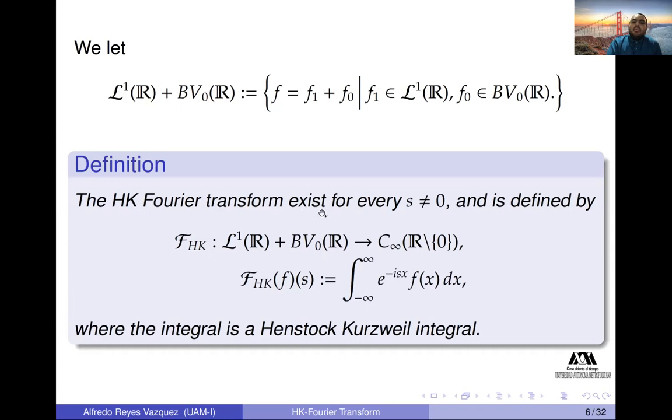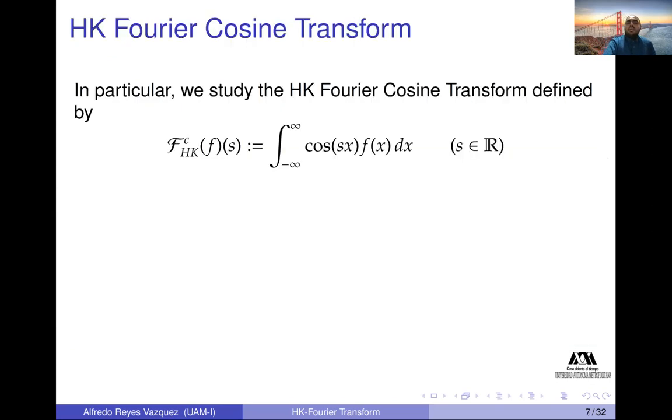The Henstock-Kurzweil Fourier transform exists for every s different from 0, and this integral is in the sense of Henstock-Kurzweil. In particular, we study the Henstock-Kurzweil Fourier cosine transform defined by this expression where this integral exists.